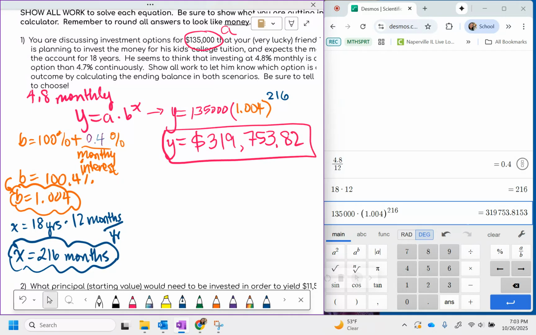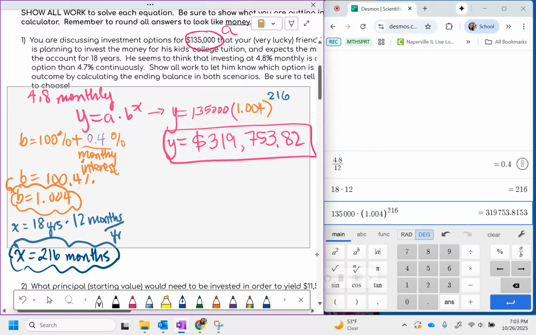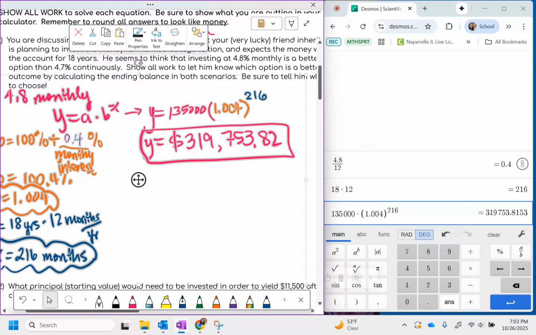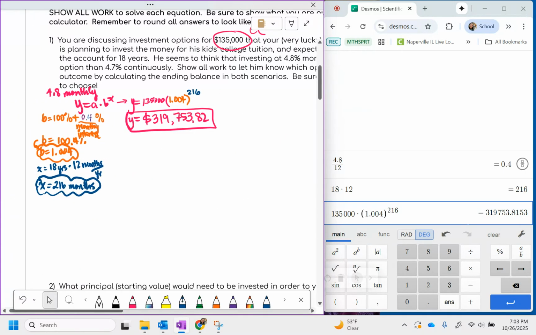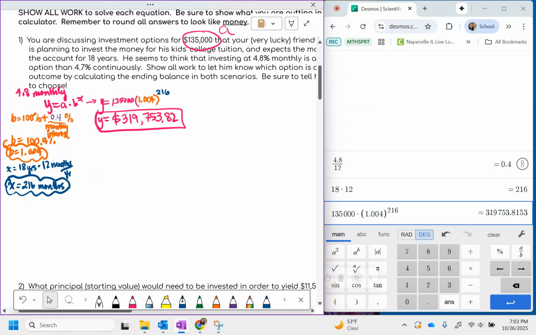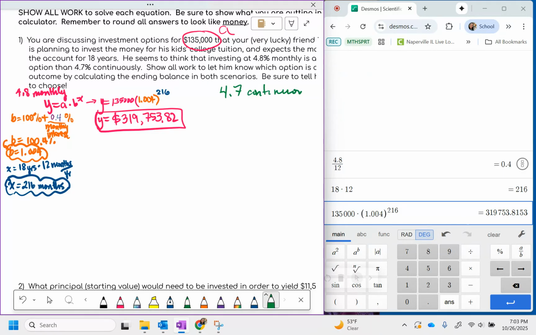Okay, so I did not leave myself a lot of room, so I'm just going to highlight this all and make it smaller so that now I have room for the continuously. So my other scenario is compounding continuously, and that is at 4.7%. And so when I have compounding continuously, I'm going to use the formula with the E in it.